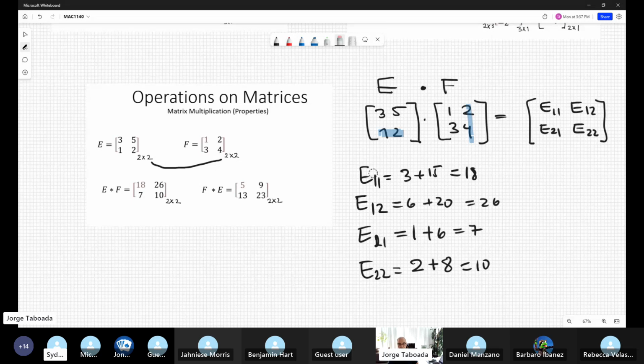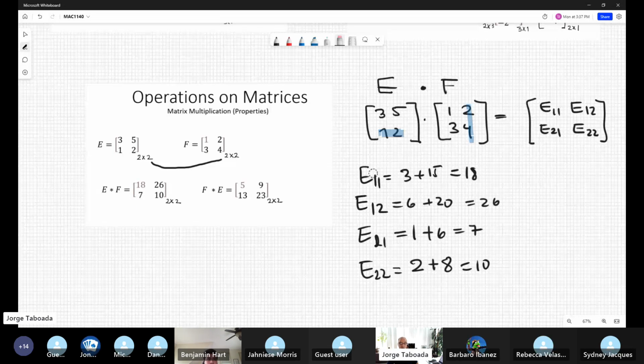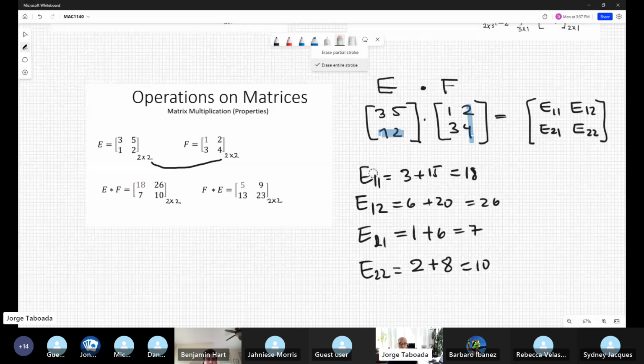So I have a question. For E12, how did you get 20? Okay. E12 was the multiplication, mister. Look, the multiplication of the row 1 and the column 2.